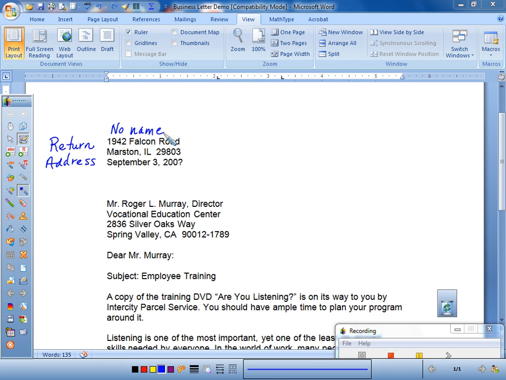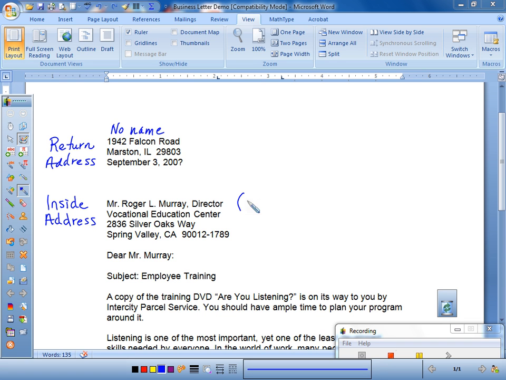Okay, so then, what's this next stuff? Yeah, that's the person you're sending it to. The proper name for this is the inside address. I never cared for that name because it doesn't tell you what it is.